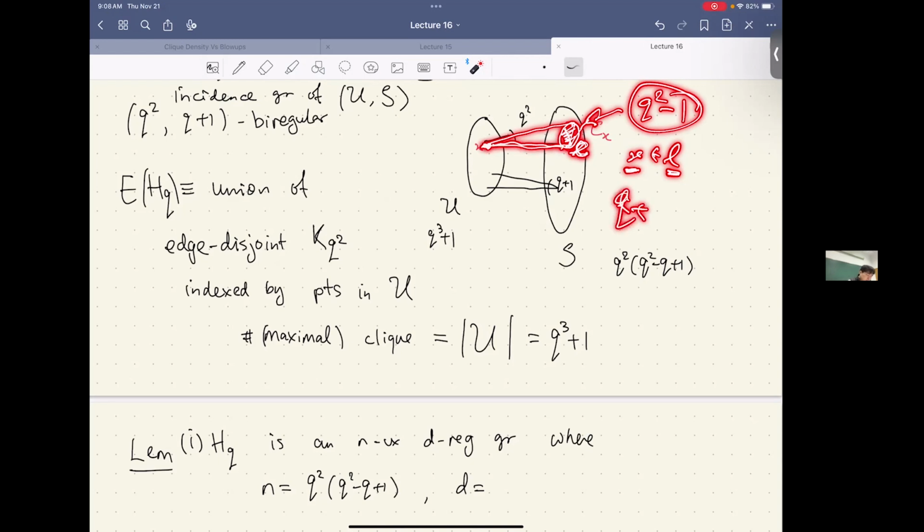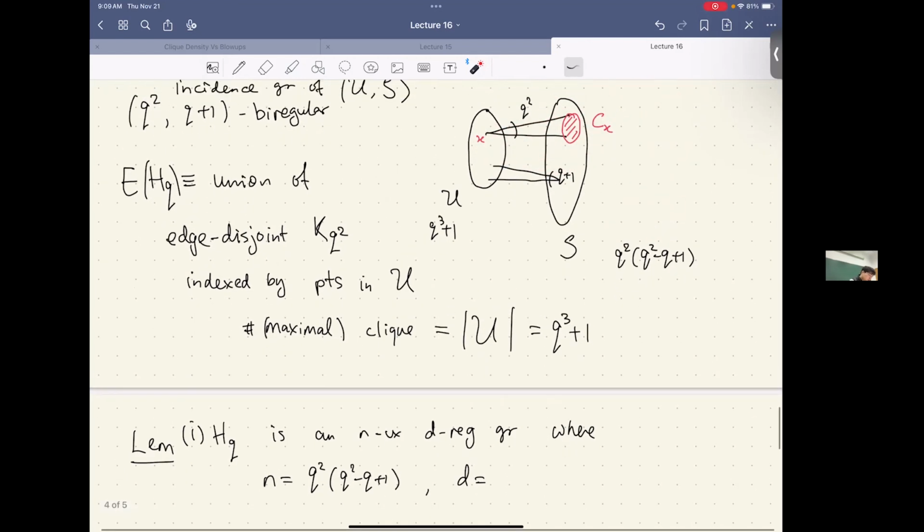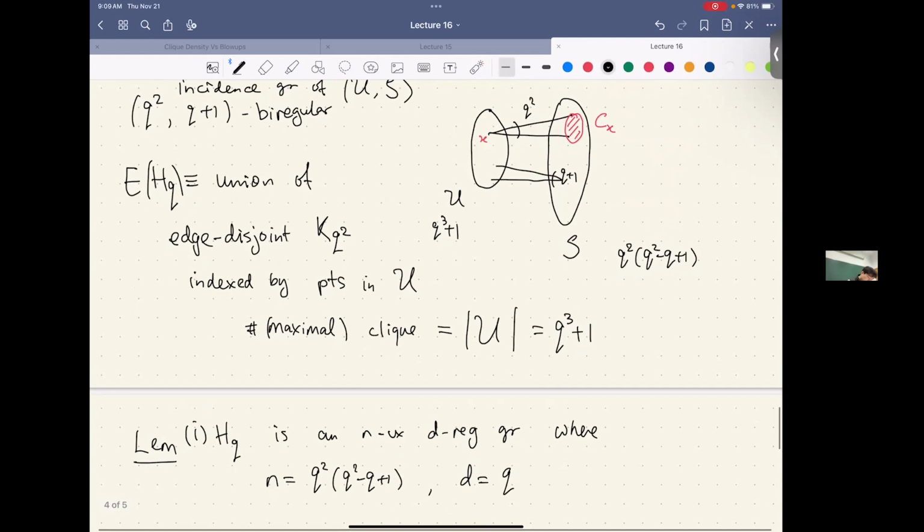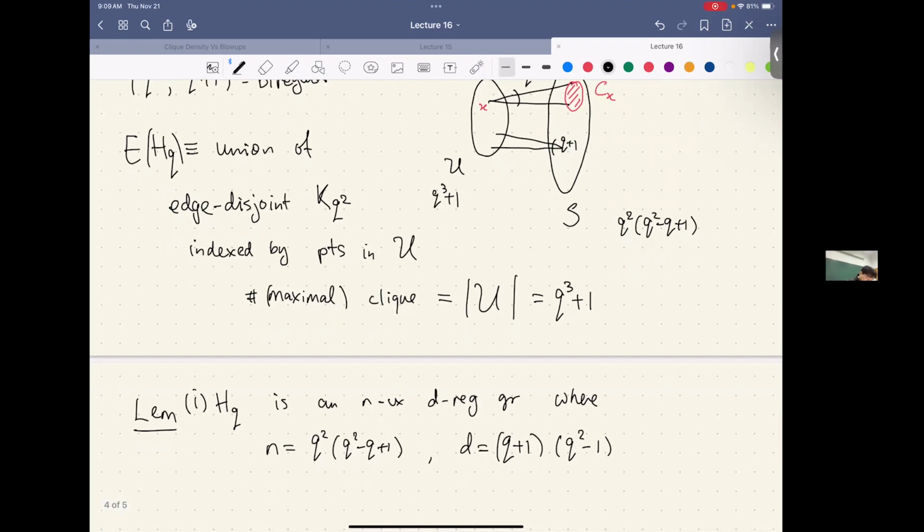You have q plus 1 unital points lying on L. This is the number of choices. At every such point, the cliques are edge disjoint and share exactly one vertex, which is L. So you have another q squared minus 1 for all the other choices. So the degree is q plus 1 times q squared minus 1. So this is roughly q cubed regular.